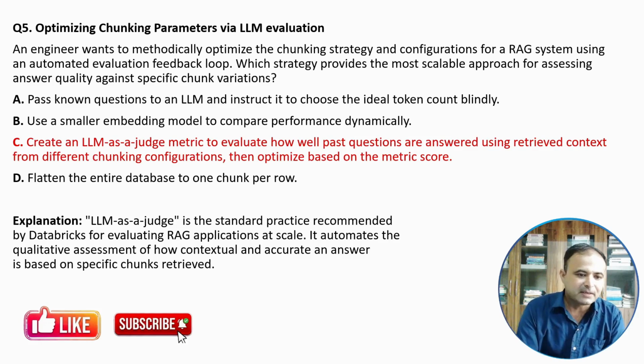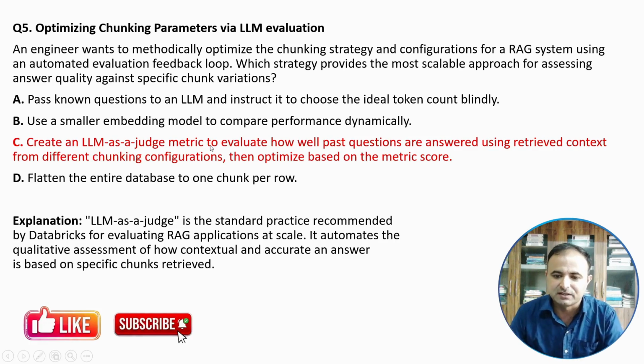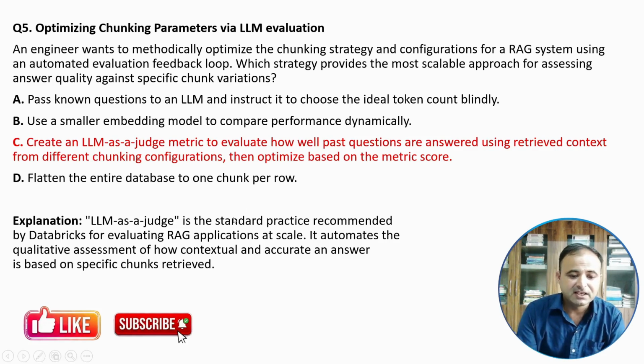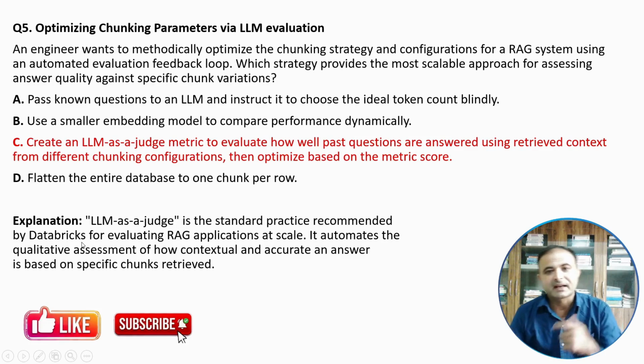The correct answer is C, because you create an LLM-as-a-judge metric to evaluate how well past questions are answered using retrieved context from different chunking configurations, then optimize based on the metric score. LLM as a judge is a standard practice recommended by Databricks for evaluating RAG applications at scale.